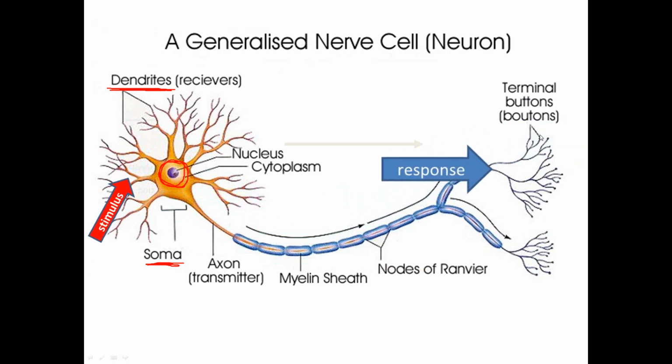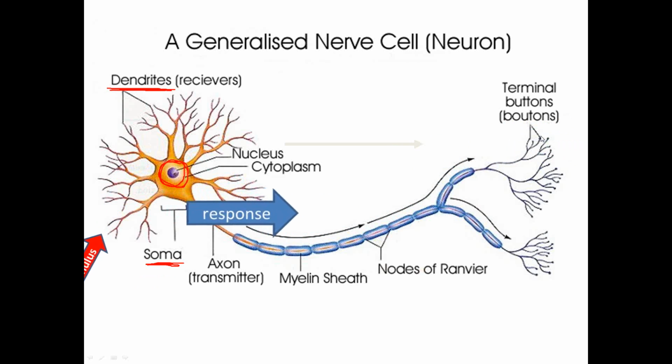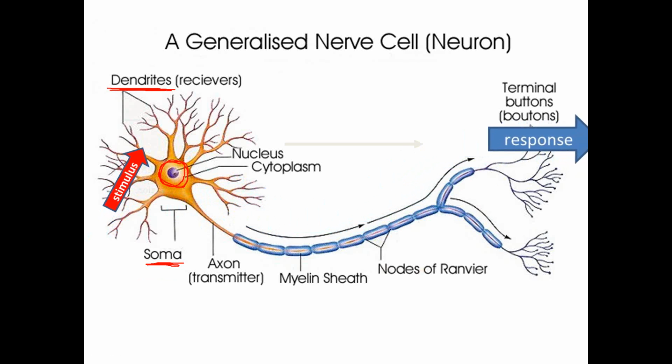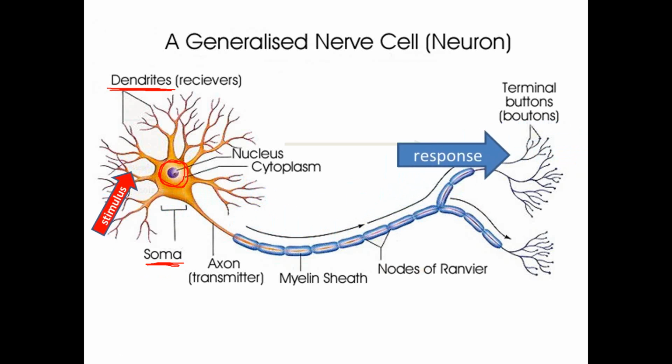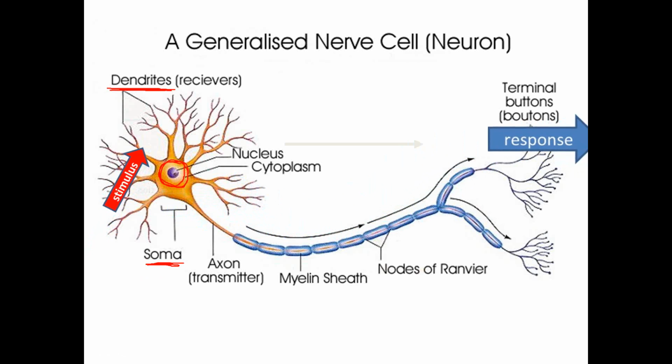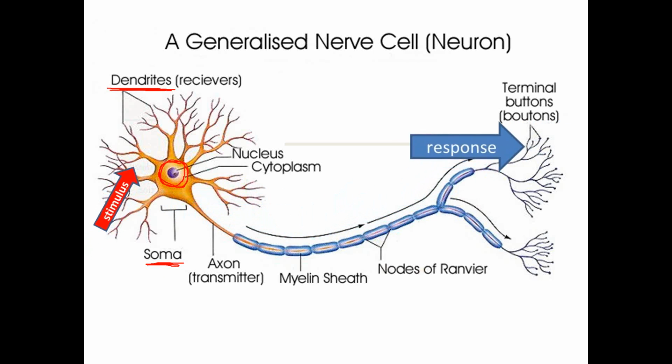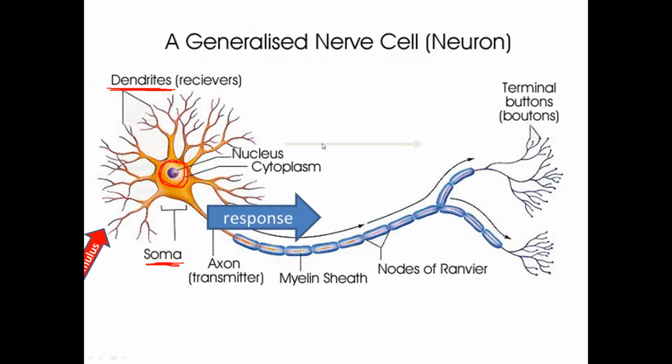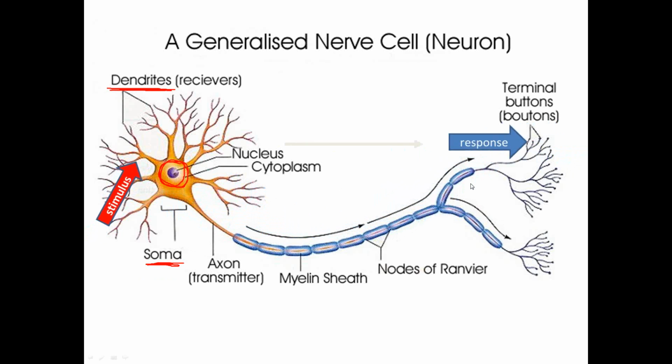It is from these branches that the information is then passed on to either another nerve cell, to a muscle, to a gland, to various parts of the body. So nerve cells all do the same thing. They receive information and they pass it on. And when they're in long chains, they form the nervous system.